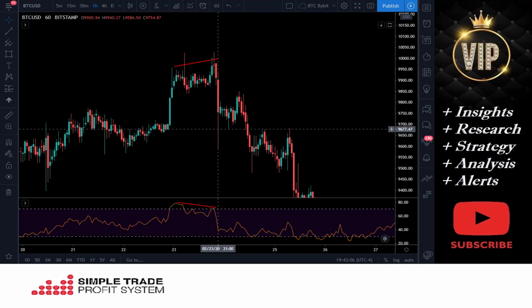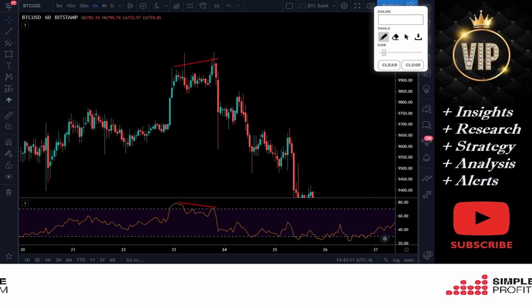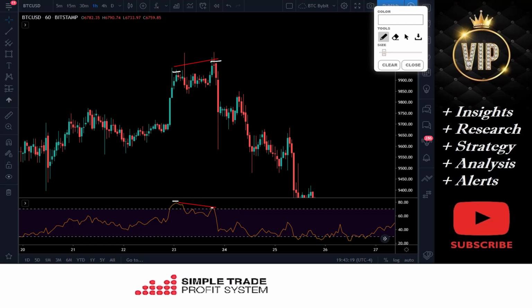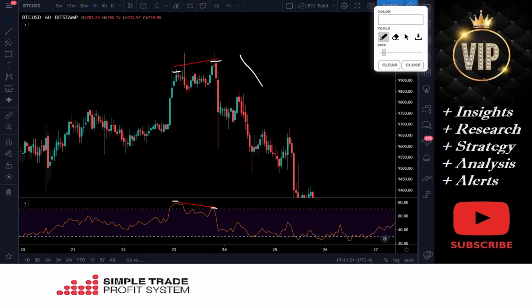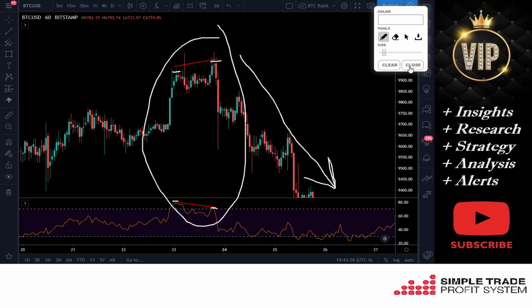Look at this one. We had a high, and then we had a higher high. But our RSI had a lower high. It had a high up here, and then it had a lower one right here. And look at what happened to price. Complete reverse. This is called bearish divergence right here. Perfect example.